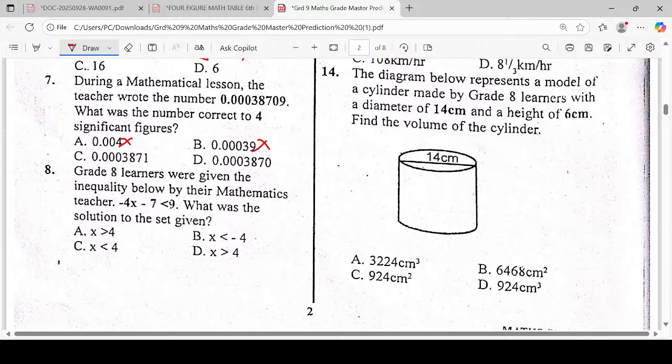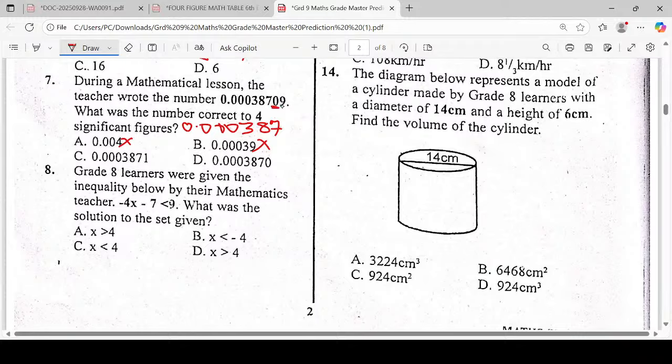The first significant digit we all agree is 3. So let's write it. This is obviously 0.000. Those zeros are not significant because they are at the beginning of the number. The first significant digit here is 3. The second is 8. The third is 7. Then the fourth should be this 1.